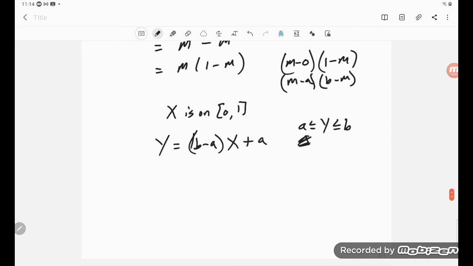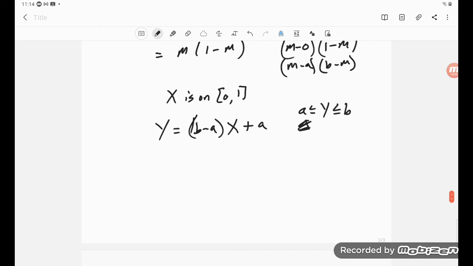And now I can use my variance stuff on here to say that sigma y squared is b minus a squared times the variance of x.